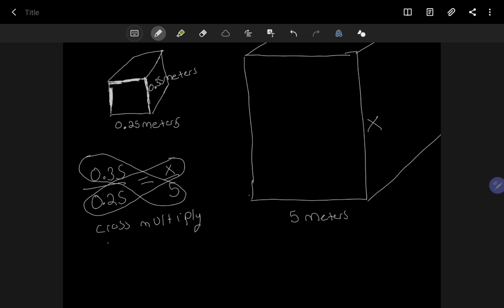So I got 0.25x equals 0.35 multiplied by 5. Alright, so what's 0.35 times 5?